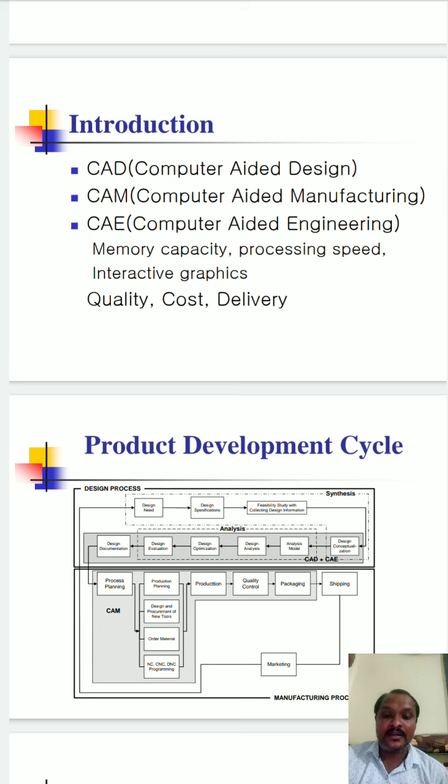Means from its cycle, from cradle to grave, all these things will be covered, that is the product development cycle or product life cycle. How that product is created from its conceptualization.